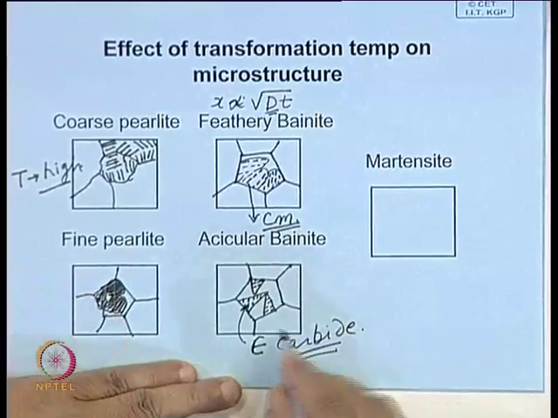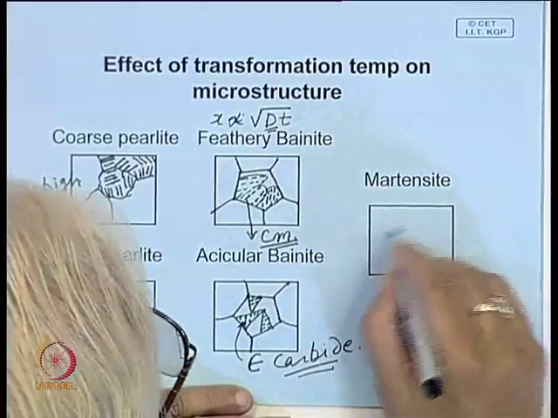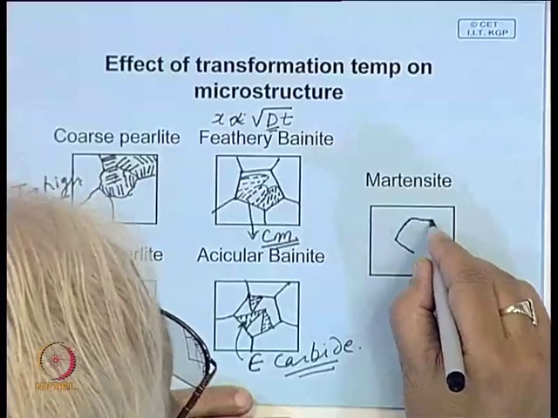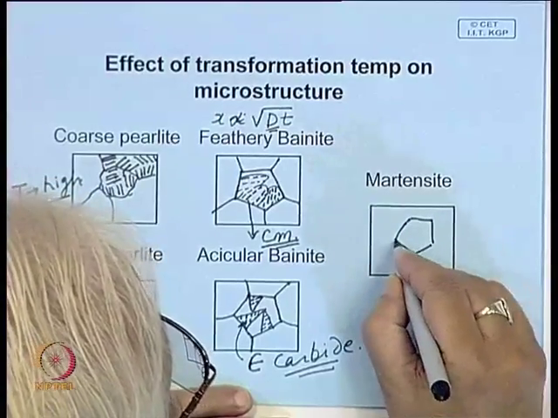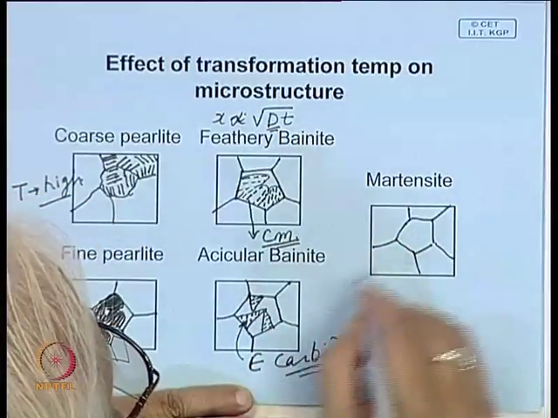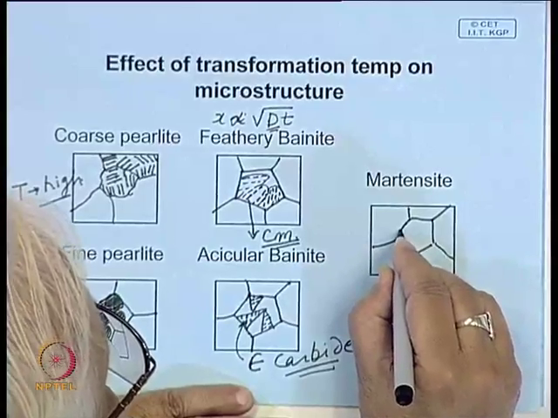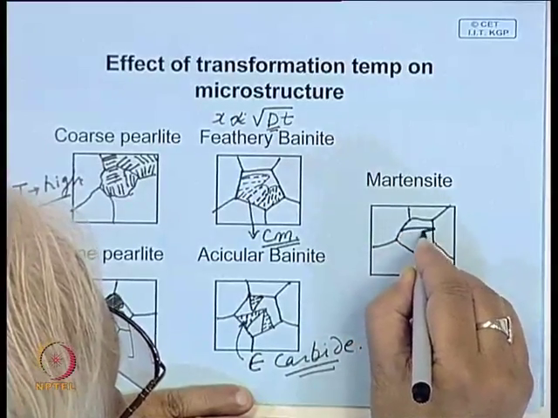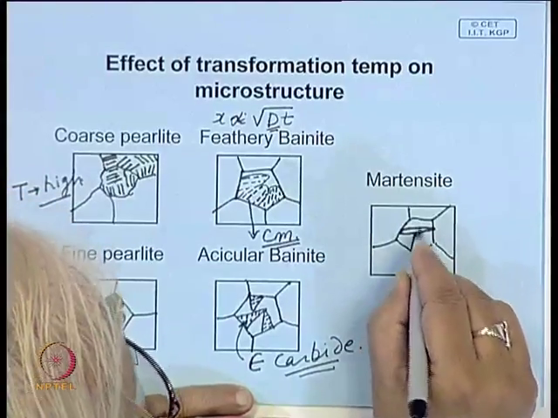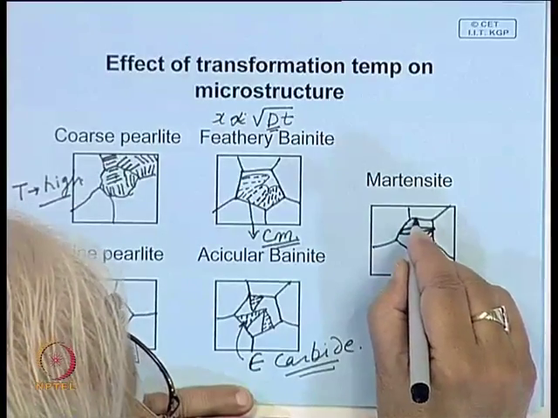This is a metastable carbide. The martensite structure is also an extremely fine structure, and here also the structure is needle like, and this growth takes place very fast. That means once a needle forms, it extends over the entire grain. It cannot cross the boundary, and this is the way the structure develops.